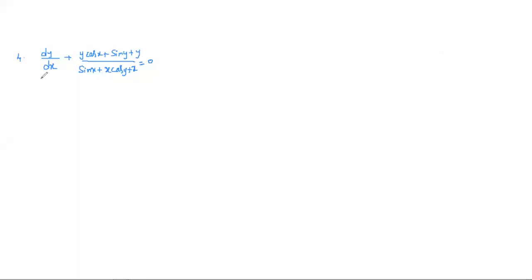So this is the question. Solve (y cos x plus sin y plus y) dx plus (sin x plus x cos y plus x) dy is equal to 0. So this is not directly in the form of M dx plus N dy, so first we can write that form. So dy by dx is equal to, taking this plus to this side, it changes to minus, so minus (y cos x plus sin y plus y) by (sin x plus x cos y plus x).